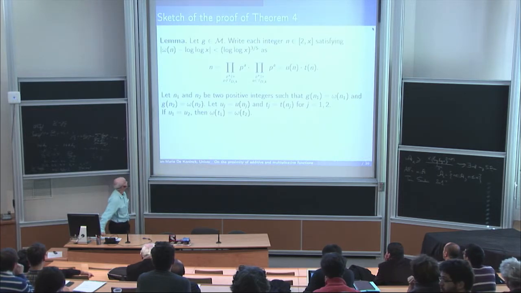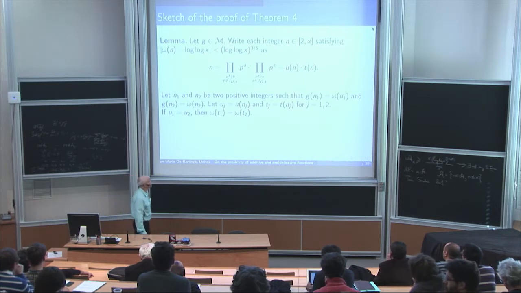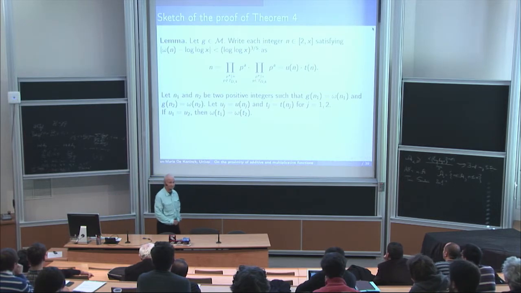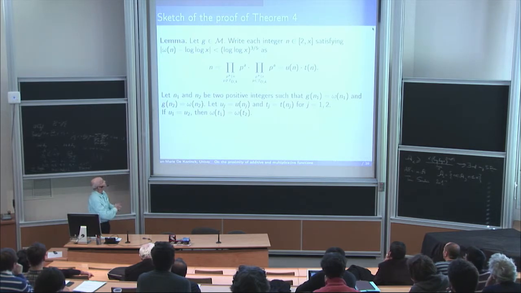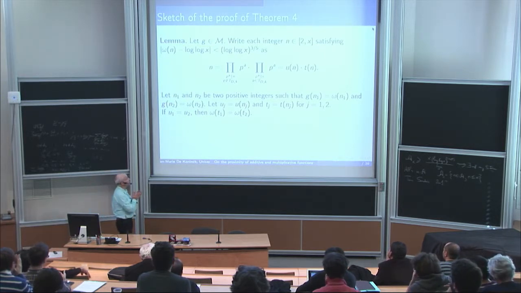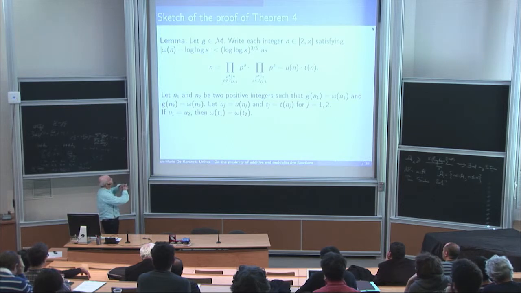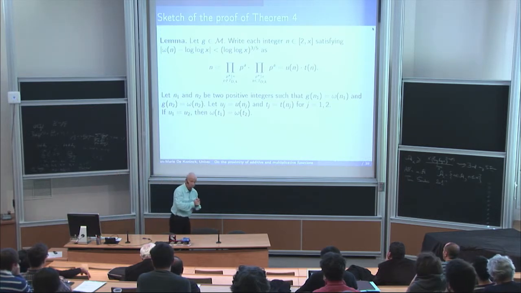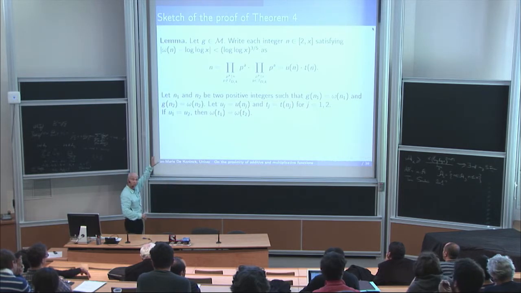Okay, now I write a lemma, which is very important, interesting. Take a multiplicative function, so g is fixed. Consider the integers in [2, x] for which the number of prime factors is close to log x, close to (log x) to the 2/3.